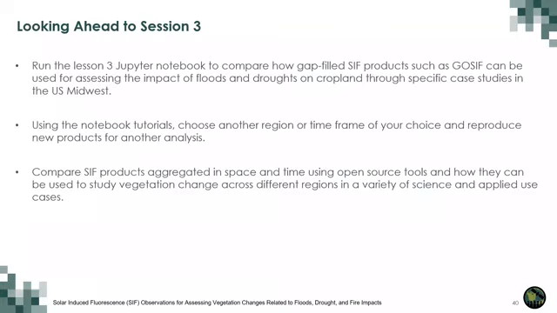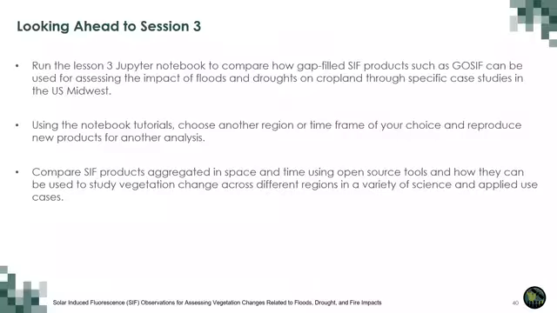And then just a reminder that there is a third and final session next week, next Wednesday, October 29th at the same time. And that session will run Jupyter Notebooks to compare how gap-filled SIF products such as GoSIF can be used for assessing the impact of floods and droughts on cropland through specific case studies in the Midwest.